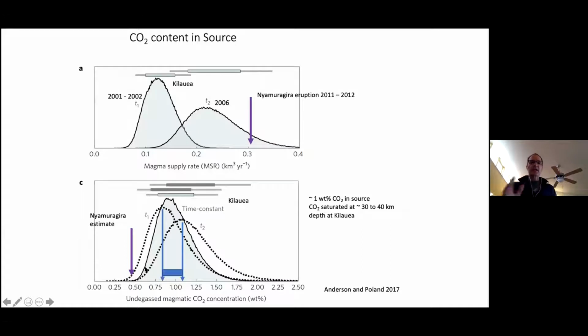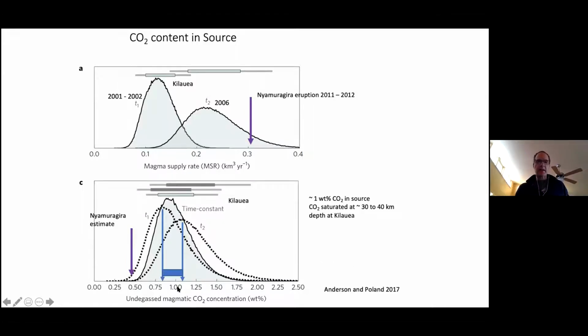And calculations like that are very straightforward. And of course, there are some caveats. But Anderson and Poland in 2017 did a much more sophisticated approach to model the magma supply of Kilauea volcano to sustain the CO2 flux from Kilauea. And by the way, Kilauea is erupting right now, so this is a very timely comparison.